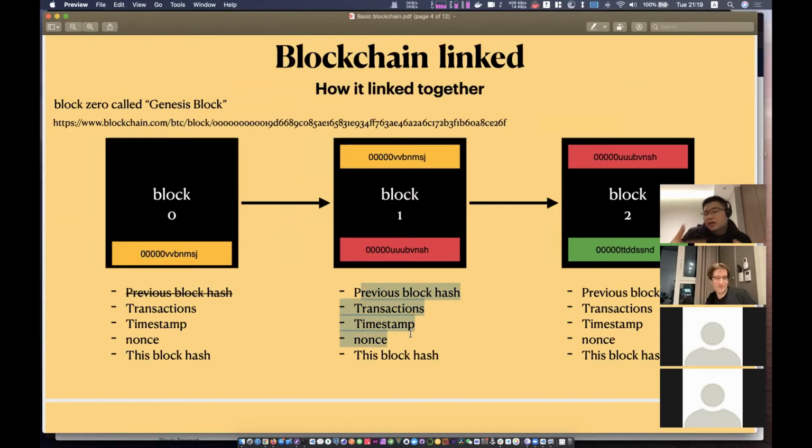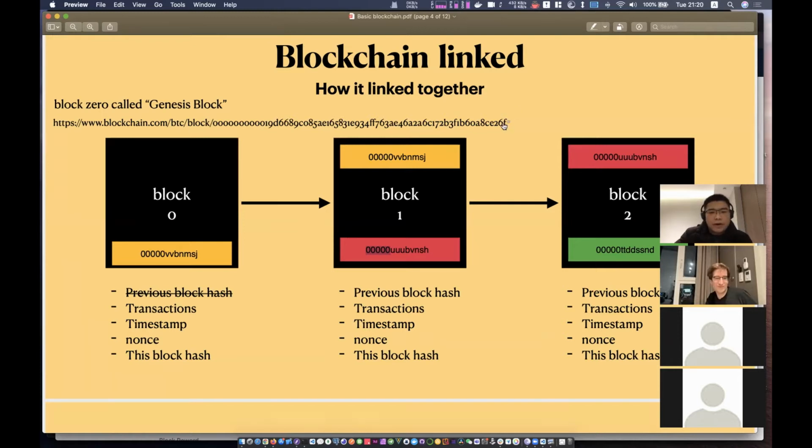After that, miners try to create a hash that matches the condition that I want, which means the first 5 digits are zero. After I find it, I create this block, and the next block does the same thing. That means every block contains the previous block hash, so they are linked together.